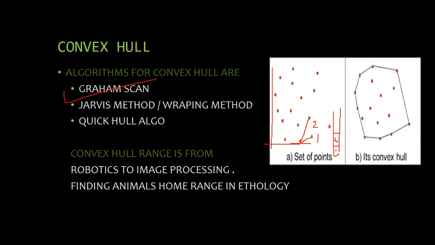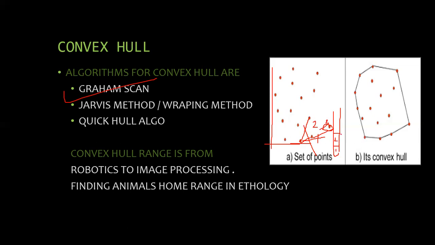Now, pop if the next point makes a clockwise turn, and place that point in the stack. Suppose after this one, we take this as our y coordinate and the perpendicular as our x coordinate, and we calculate the angle from this to this point. Now this point is our third point.